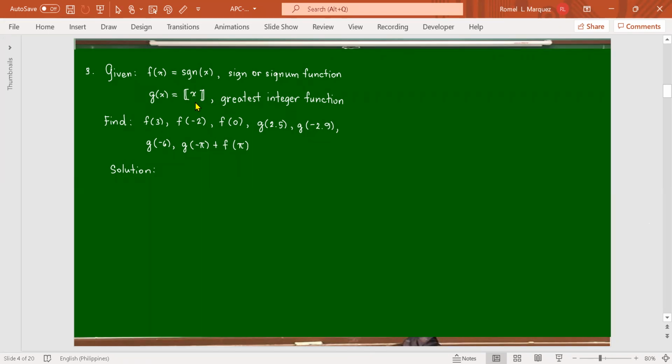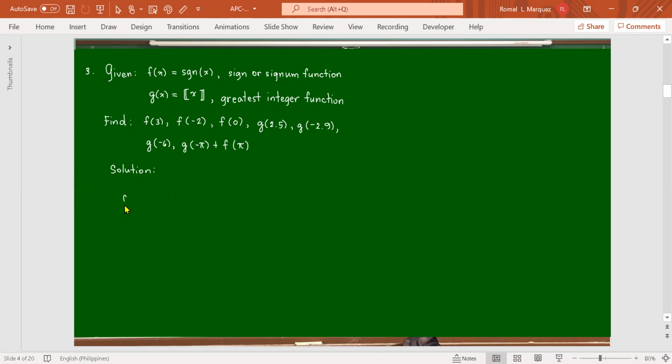Let's say my number is 2.5, what is the greatest integer of that? Positive 2, right? If I have negative 2.5, it is -3. If it is 2, it's still 2. So that's how we define g of x.